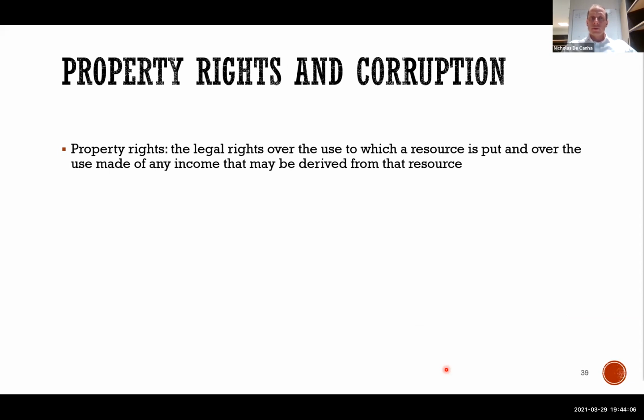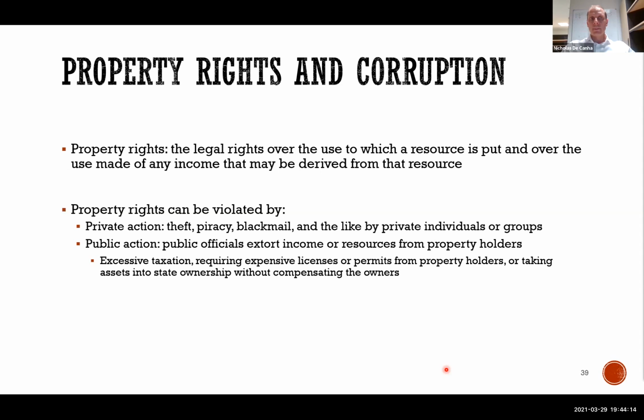Okay, so now we just move through some content, property rights. This is simply the legal right over a resource. And obviously private action, theft, piracy, blackmail, we all understand this, but there is also public action like extorting income or resources, and this occurs in several ways: excessive taxation, licenses, permits, and nationalization.